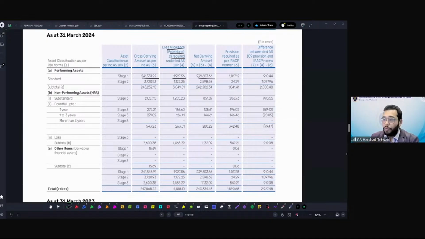But till what time are they required to make provision? Till the time they have the asset in their books. I will not use the word loan, rather I will use the word asset, because there could be multiple types of loans or assets which can become an NPA. So till the time they have the asset, they are required to maintain the provision on that as per the norms.